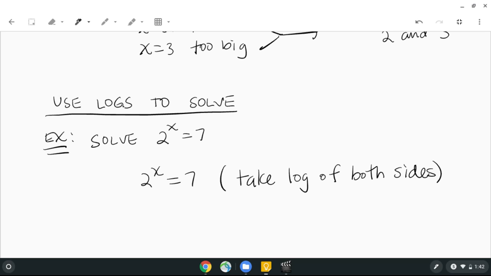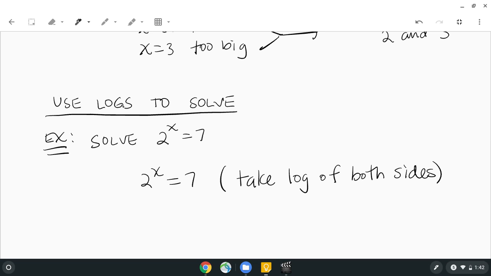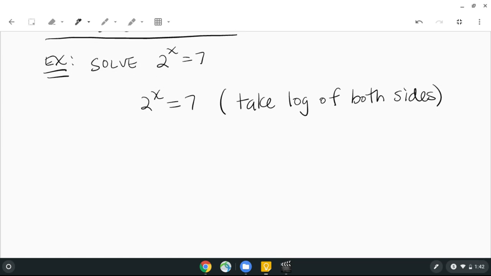Usually we have log base 10 or ln, natural log, log base e. So it doesn't matter which one you use. You'll still get the same answer at the end. All right, so take the log of both sides. So I'm going to do log of 2 to the x, and I will do log of 7.